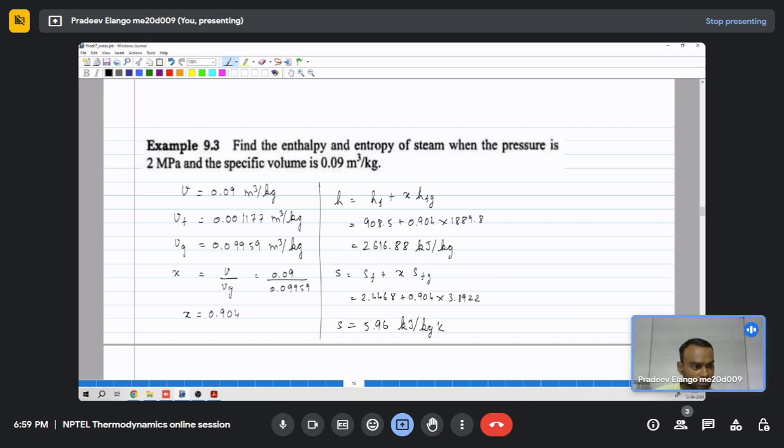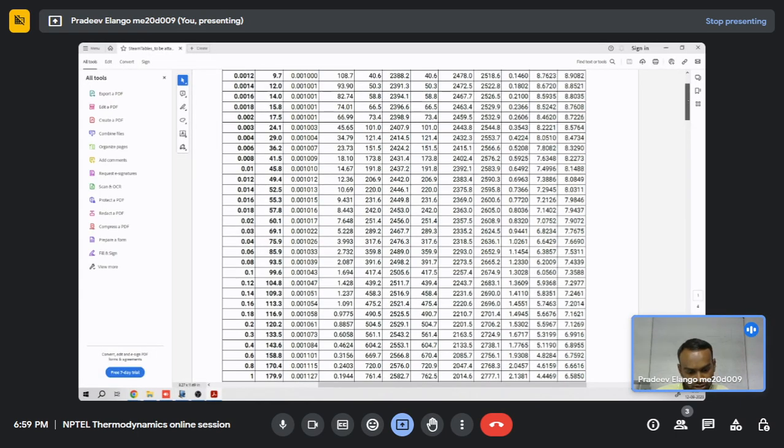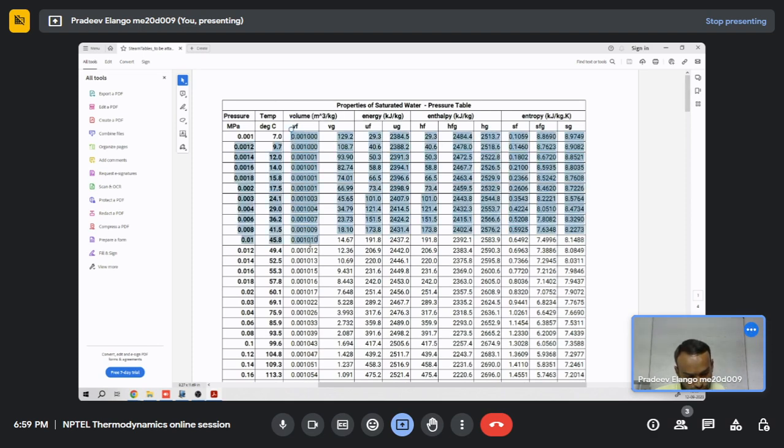Right, sir. So every time you can go to the table also, you will find that all the Vf will be small. So this is relating the volume of the fluid. So volume at liquid state is what Vf is, and volume at vapor state or the gas state is Vg. So this will be very much different. So in all the cases you can neglect Vf.